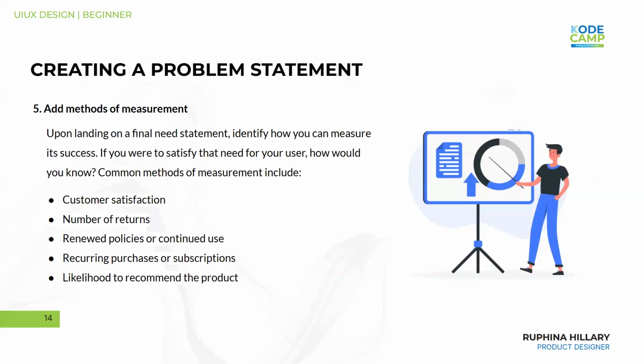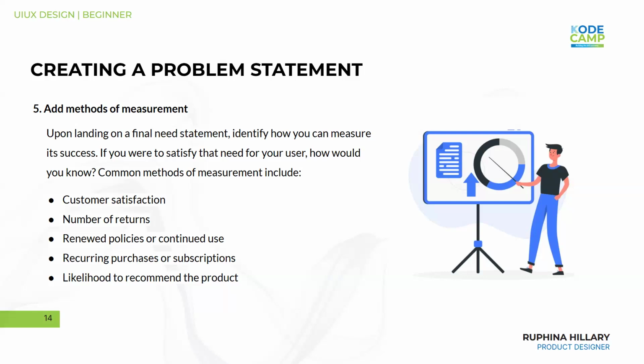Some common methods of measurement include customer satisfaction, which you can see via Play Store reviews or how well your application is being received, number of returns, renewed policies or continued use, recurring purchases or subscription, likelihood to recommend the product.